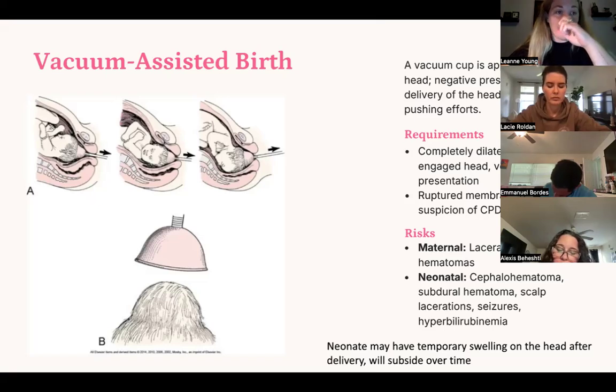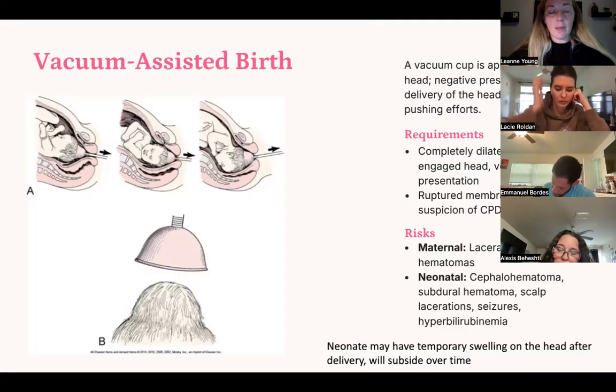If it's severe enough and we caused enough neurological damage, baby could have some seizures. The baby will also be susceptible to hyperbilirubinemia, simply because anytime there is some type of injury to the baby, like bruising or lacerations, their incidence of jaundice is a lot higher because of the healing process for an infant.